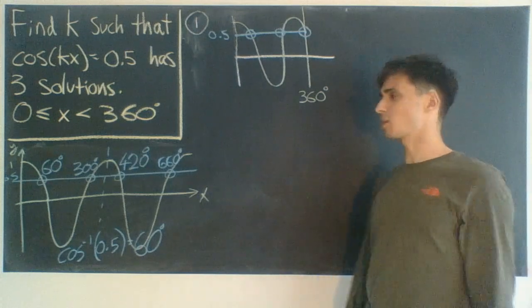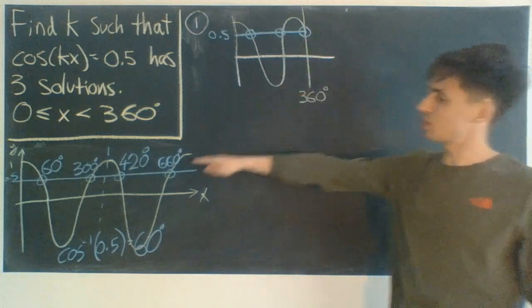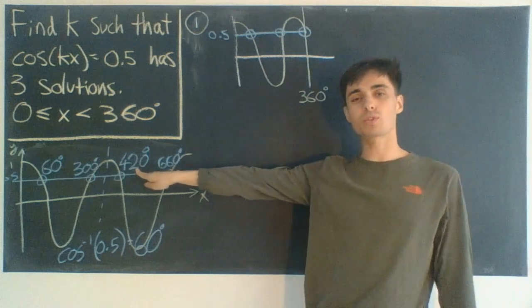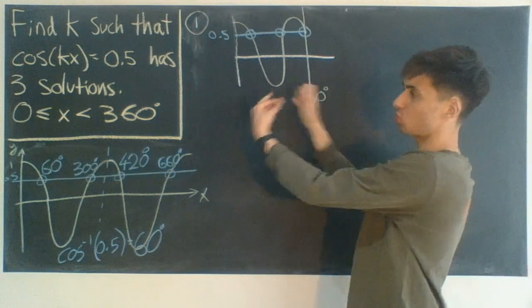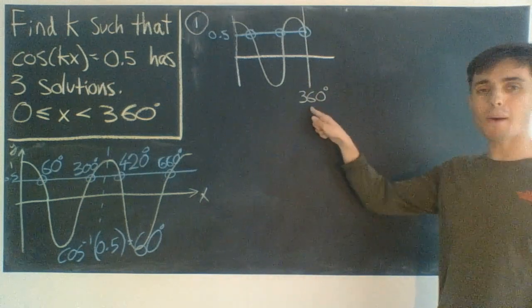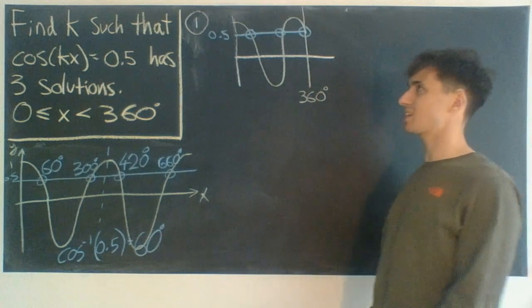What we need to think about then is that before, this solution was located at 420 degrees. And thanks to our stretch or compression, it's just about made it to 360.